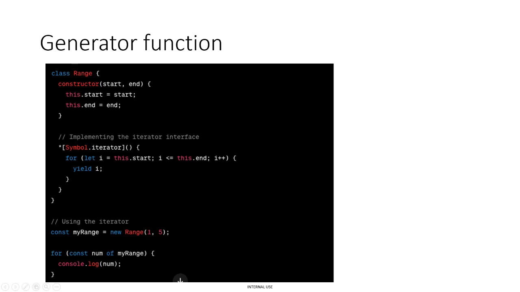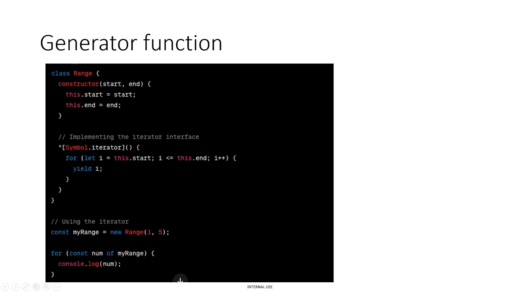This doesn't have the next method, and it isn't returning an object with the properties value and done. It's just yielding i, literally yielding the index.